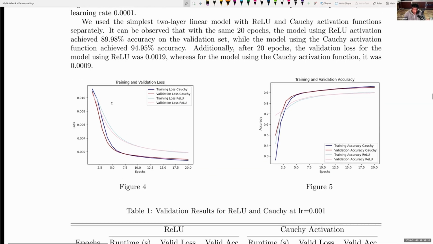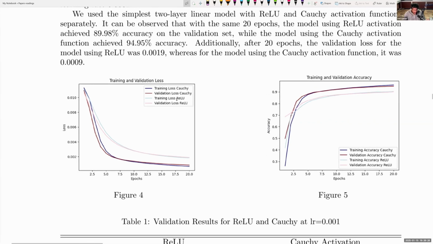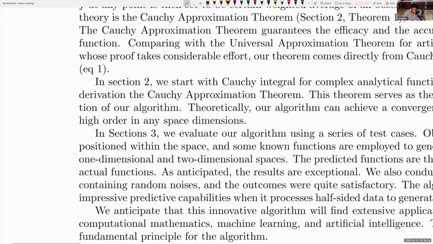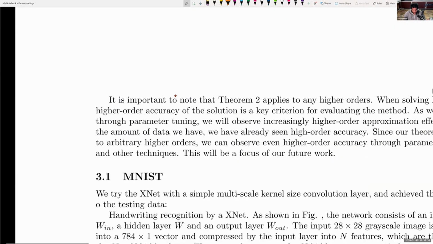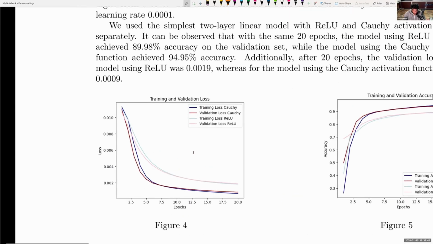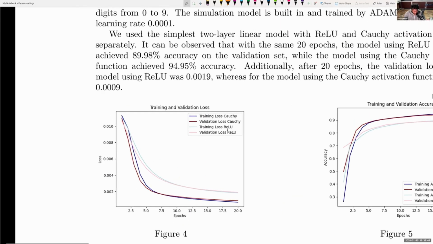So they did that, and what they are showing here with the MLP, if you use the ReLU activation function, sorry, one second, I'm just trying to zoom this. Yes. If you see here, the training loss for the ReLU, that's the light blue, evolves like this over the number of epochs. The light blue and light pink are the training loss and validation loss for ReLU.